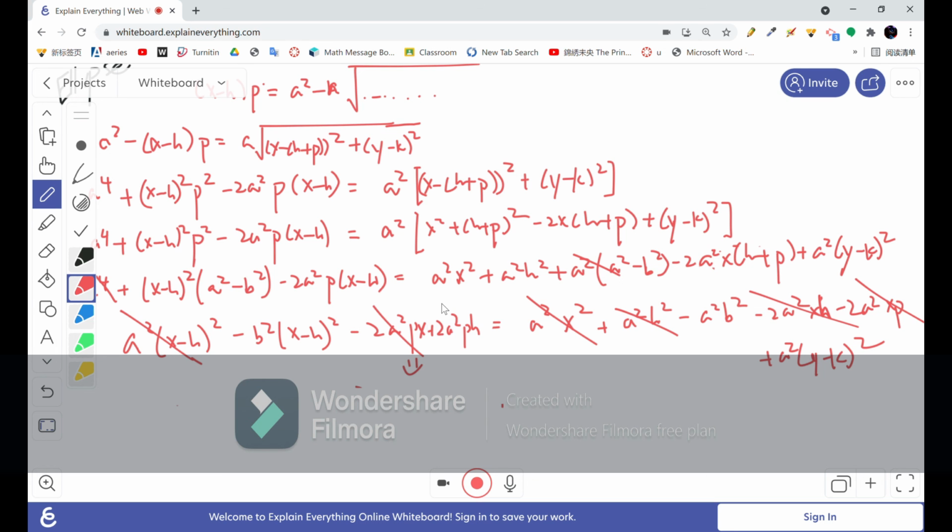Oh wait, I forgot that this plus 2hp here will also cancel. So now we just have a squared b squared is equal to a squared times y minus k squared.